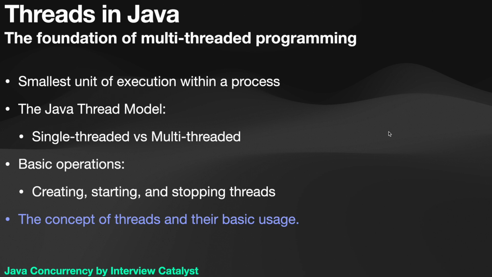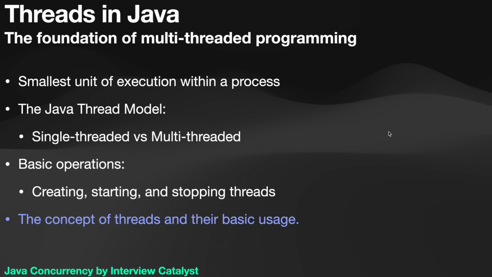And for creating the multi-threaded application, we need either the implementation of thread that will execute parallelly to the main thread or the supporting classes like Executor service or fork join and others. Basic operations are creating the thread, starting them and stopping the thread. The concept of threads and their basic uses.